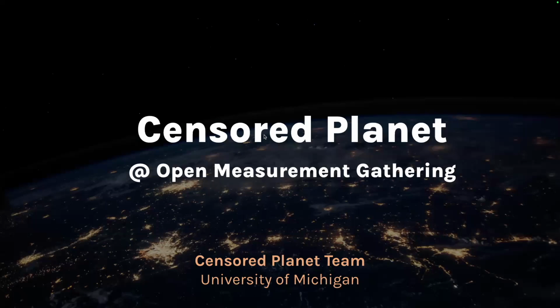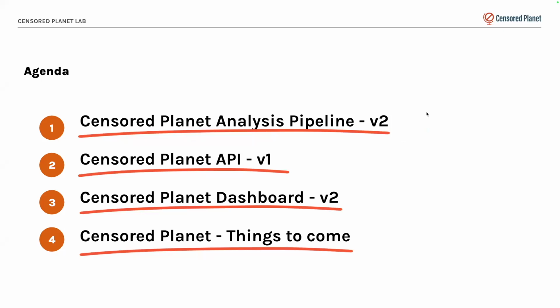So yeah, I'm happy to share the progress that our team, Censored Planet, did over the last few months, and excited to share it with the community. In terms of agenda, what we want to talk about in our presentation are 4 key points.